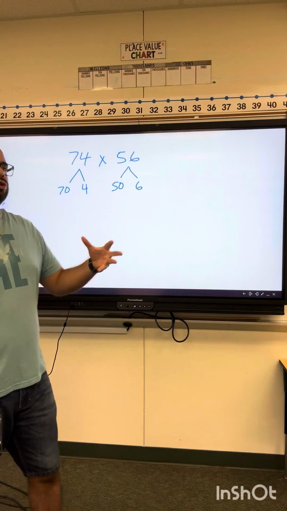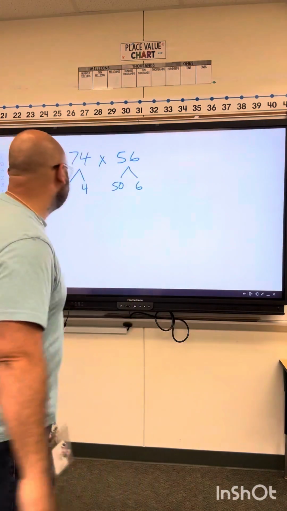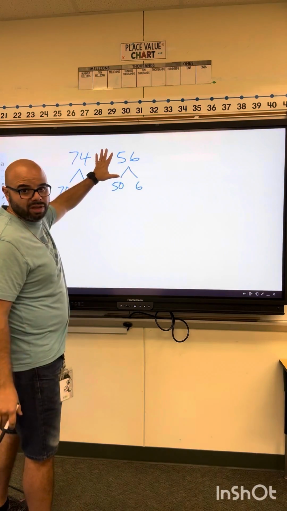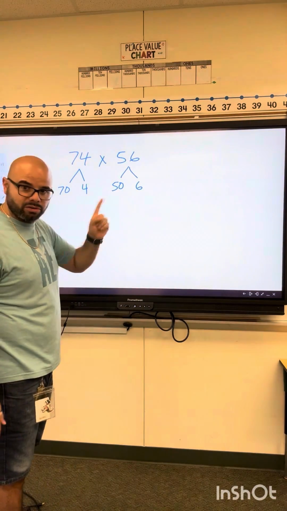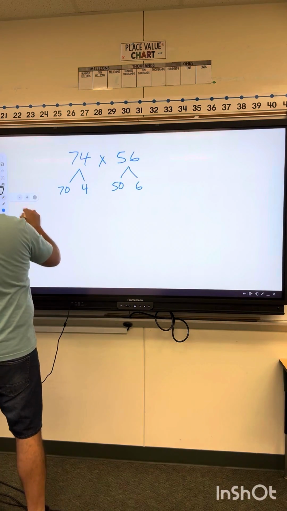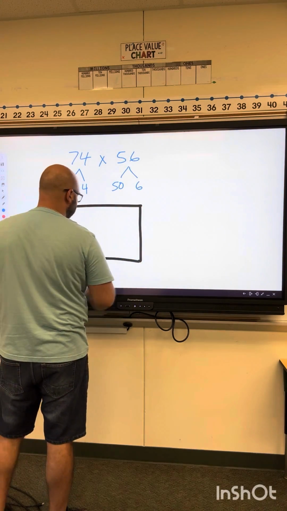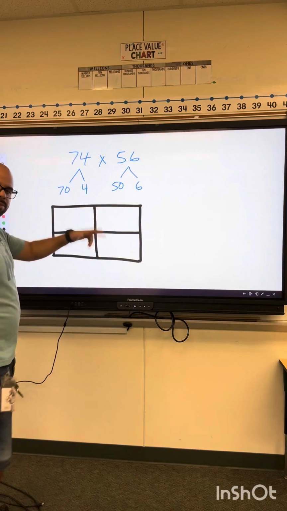And you could also combine this in drawing an area model. Right now, this is the first step, breaking each number into its place value. Step number 2, you're going to draw a box, which then creates 4 boxes.